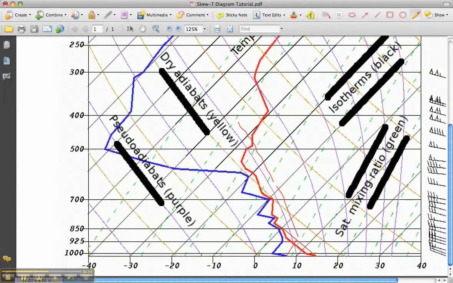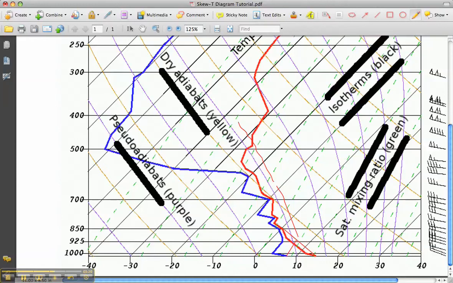So since the air parcel is warmer, it will continue to want to rise parallel to the moist adiabat here. And if we get up to 700 millibars, we compare the temperature of the air parcel. We move down parallel to the isotherms, and we see the temperature of the air parcel at 700 millibars is about -6.